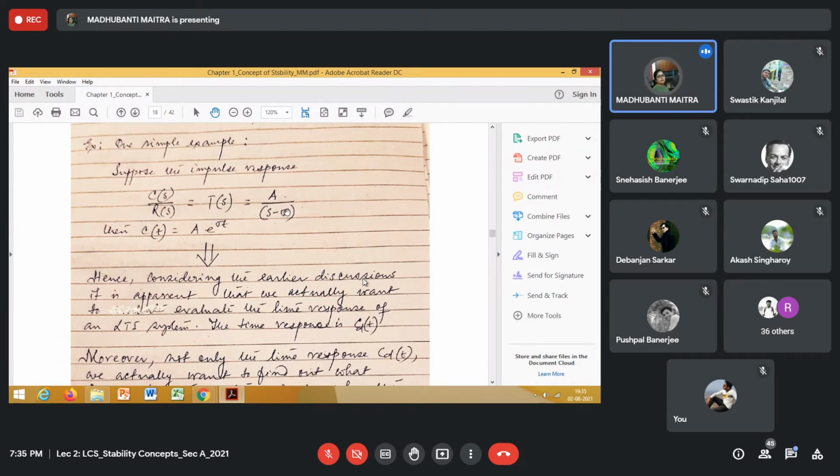From our knowledge of system theory, we know that in this case there is a first order system and there is one single closed loop pole, and the pole is located on the s plane at s equal to sigma, right? So far, is this clear?